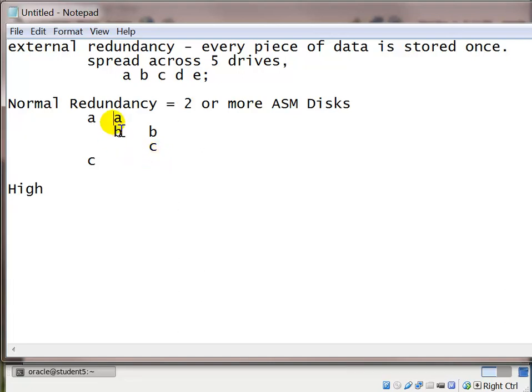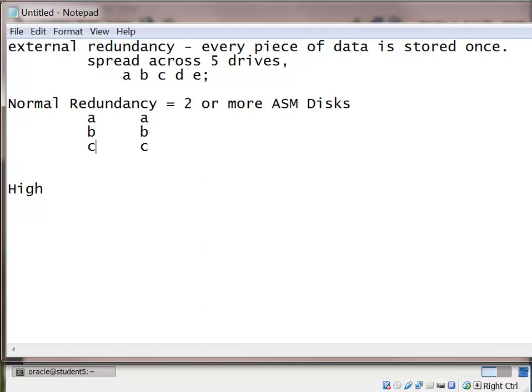Okay, so if you lose this drive, not a problem. Okay, we can still achieve the level of redundancy by simply rebalancing the data like I'm doing right now. So after you rebalance the data, you again have 2 copies of everything.